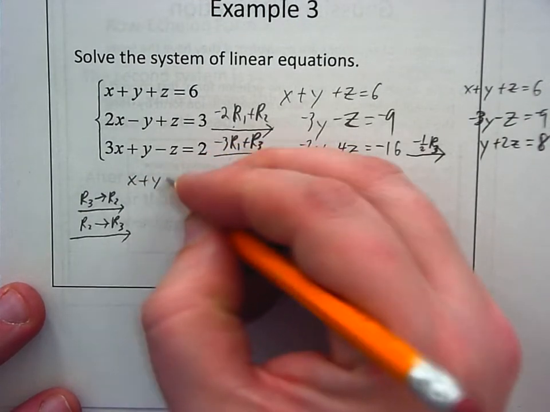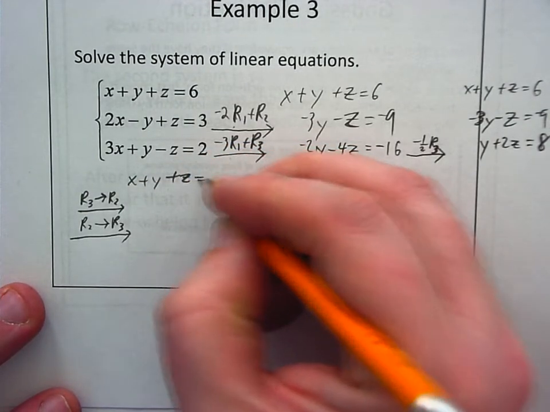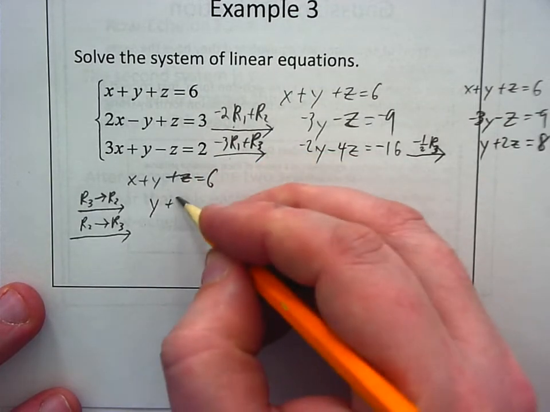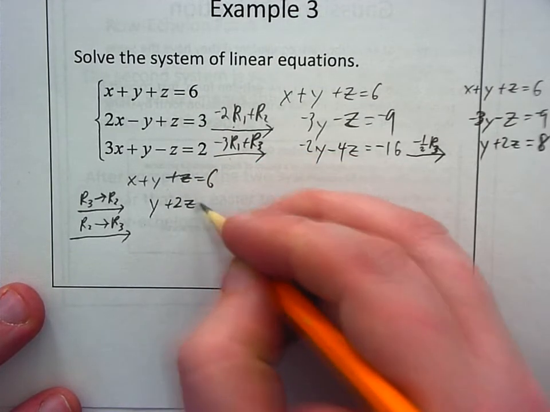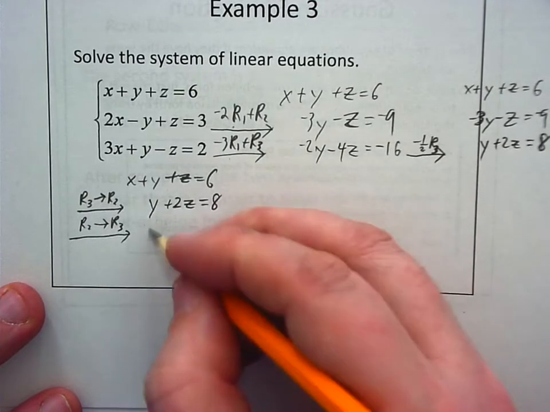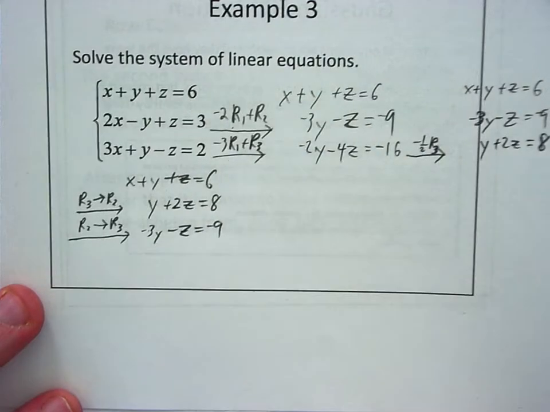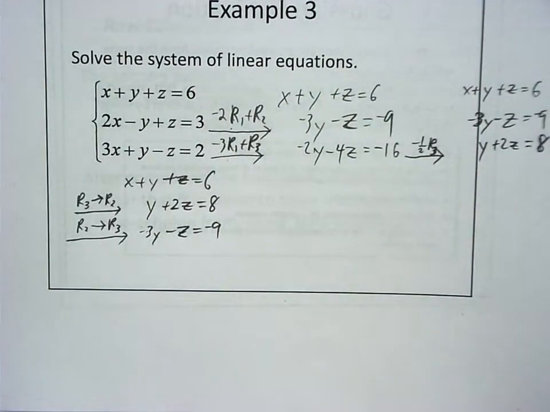So x plus y plus z is equal to 6. Down here, what was row 3, the y plus 2z is equal to 8. And negative 3y minus z is equal to negative 9. Okay, you can just swap two rows. It's not going to change the x, y, and z values.